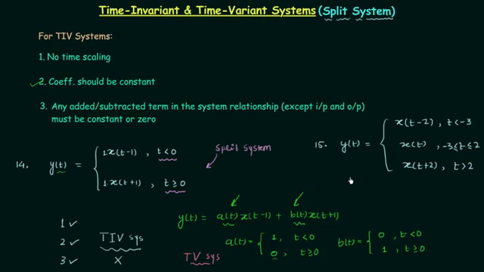You can clearly see there is a condition on time, therefore it is a split system, and split systems are always time varying systems. If you want, you can represent this system relationship in this form, and you will find there are 3 coefficients which are time dependent, and thus condition number 2 is violated and the system is time variant.